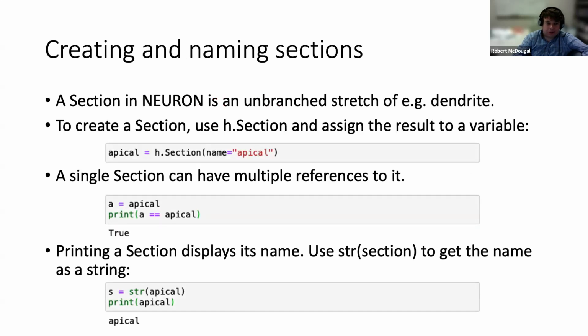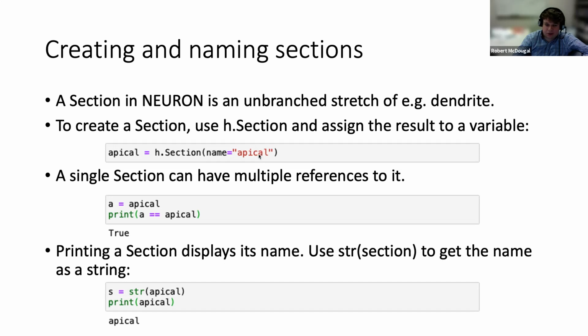But before we do this, we have to actually have a place for anything to happen. You'll remember that our basic unit within Neuron is called the section. So if I'm going to create a section from the command line, I'll say h.Section and then give it a name. h.Section with the name apical is going to create a section.